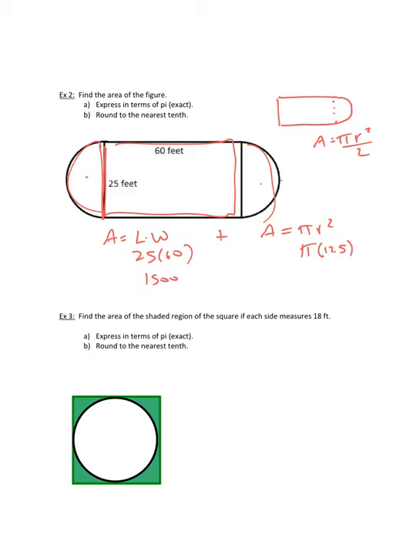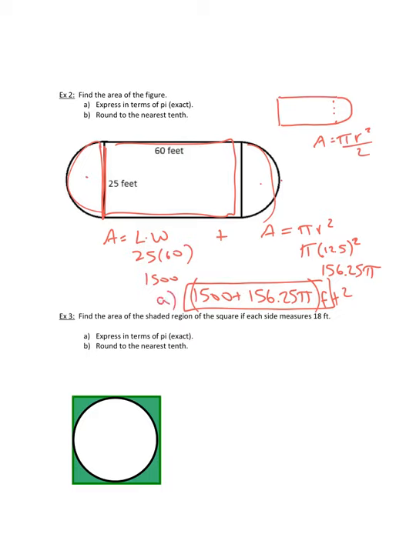It'll be 12.5 squared. So 12.5 squared is 156.25 times pi. And then I just would express those as a sum. I would add them, 1500 plus 156.25 pi. That would be my area. And my units here would be feet squared.